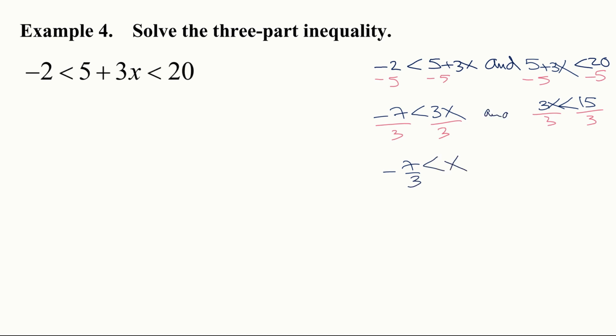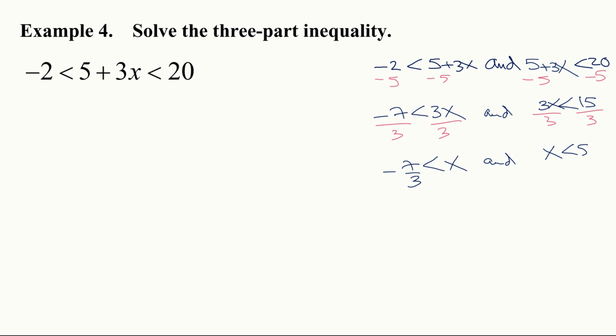And of course, there's an and between each pair of inequalities at each step. So you get and x is less than 5. Basically, notice you want x to be greater than -7/3. I'm reading this from right to left.